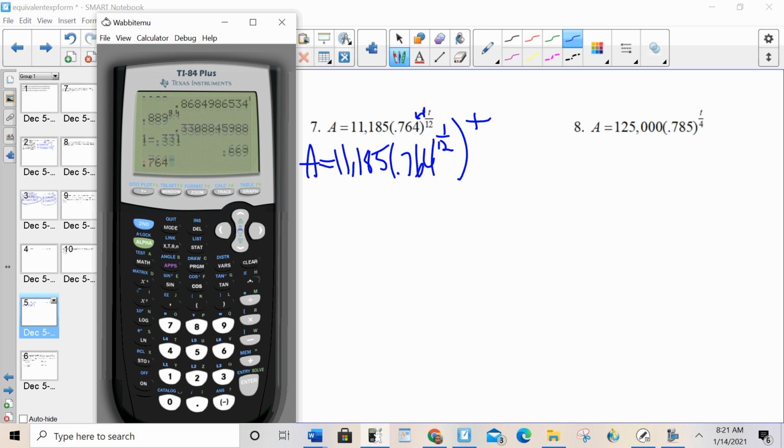0.764 to the power of 1 over 12 is 0.978.